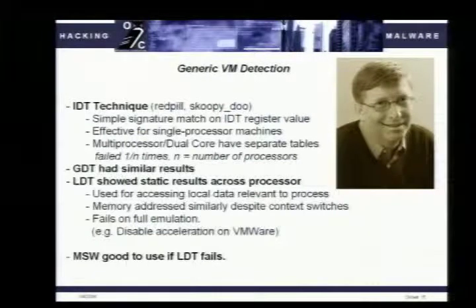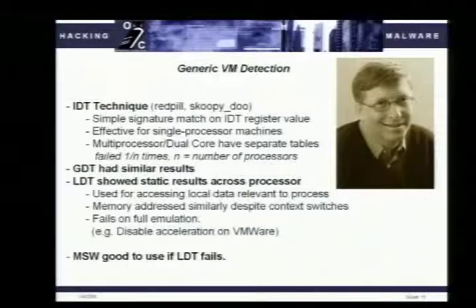And so the question becomes, how does the ingenious malware developer come up with a way to understand all of the IDTs across any number of processors? And so the quick thing that you can discern from this is that if you are using the IDT method, you're going to fail 1 over n times for however many processors you have. The global descriptor table had similar results.